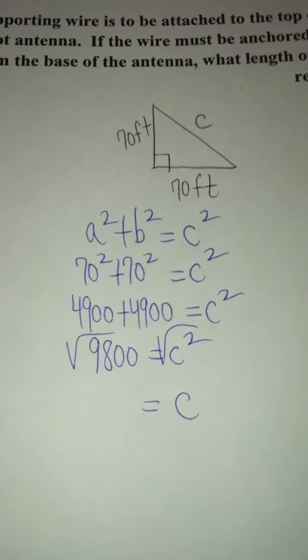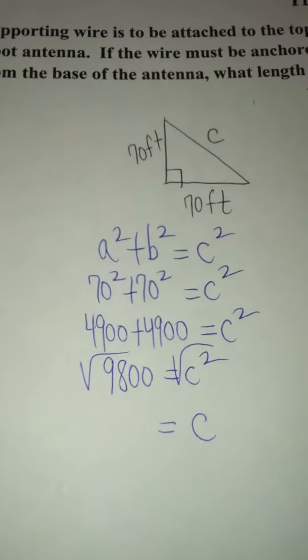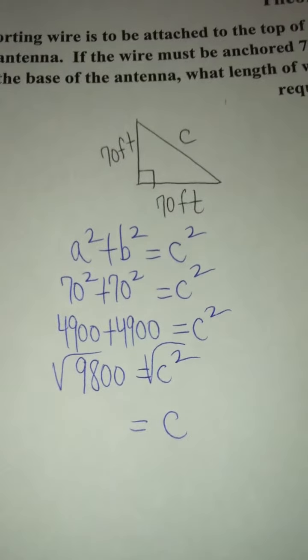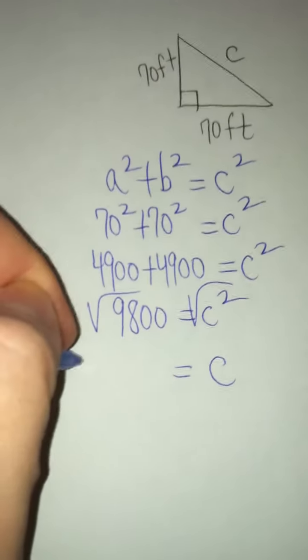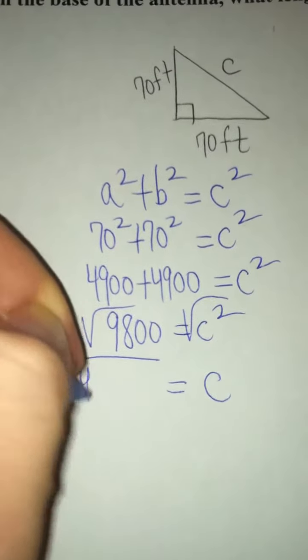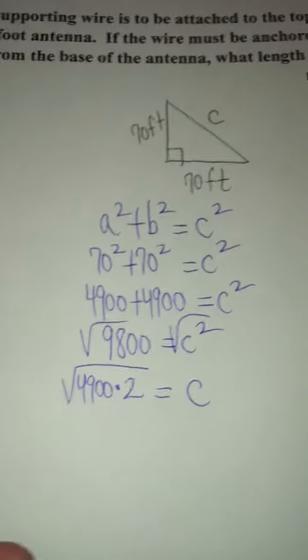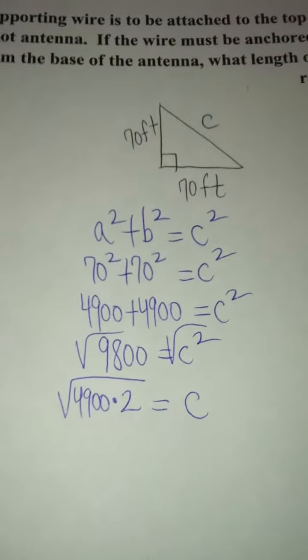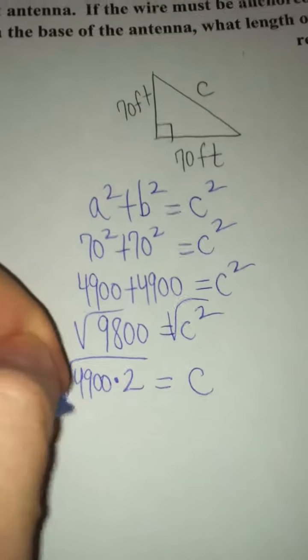Now, the textbook or MyMathLab might ask you for two answers, a simplified radical answer and also a decimal answer. For the simplified radical, we can break this up as 4,900 times 2. And we just saw earlier that the square root of 4,900 is 70.